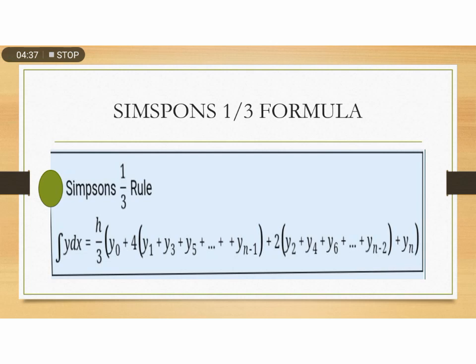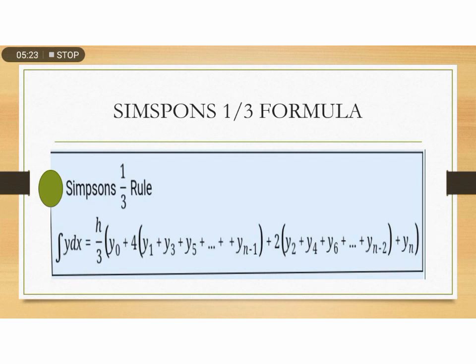This is the formula of Simpson's rule. The integral of y dx equals the width h over 3 times y0 plus 4 times (y1 plus y3 plus y5 plus up to y_{n-1}) plus 2 times (y2 plus y4 plus y6 plus up to y_{n-2}) plus yn.